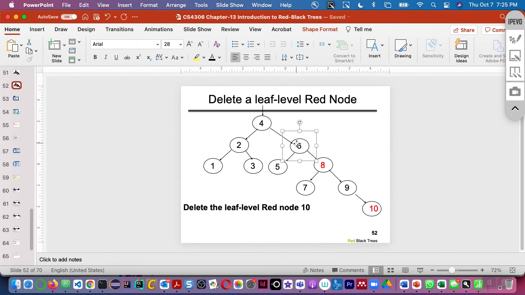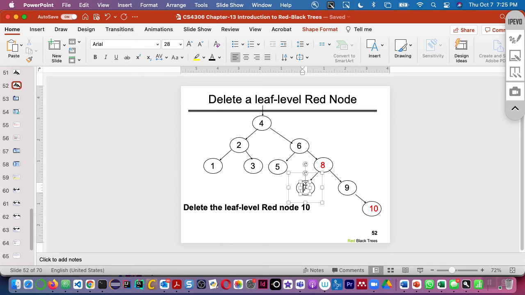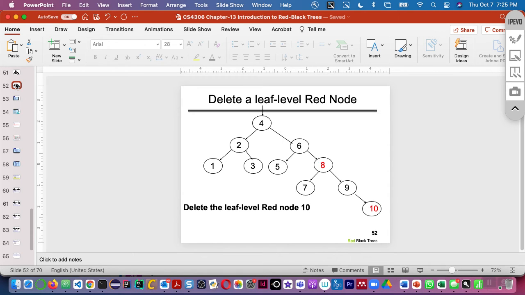So how do we delete 6? We say that it will be replaced by 7, right? The value will be replaced by its successor value. From the right side it takes 7, and this value will be replaced. Let me take this one.